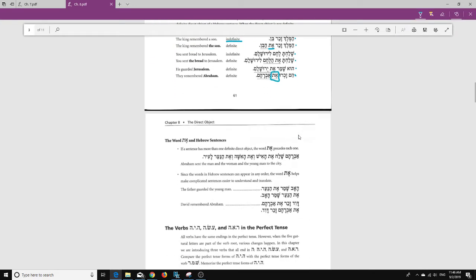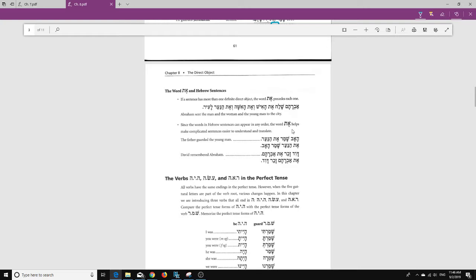So, okay. A couple things here. If the sentence has more than one definite direct object, the word et precedes each one. Okay? So Abraham shalach et ha'ish va'et ha'isha va'et hana'ar la'ir.